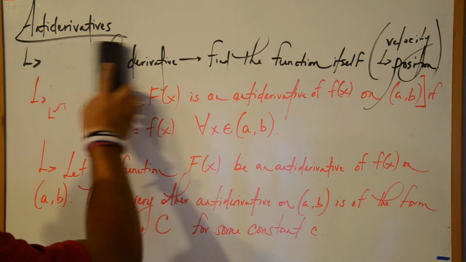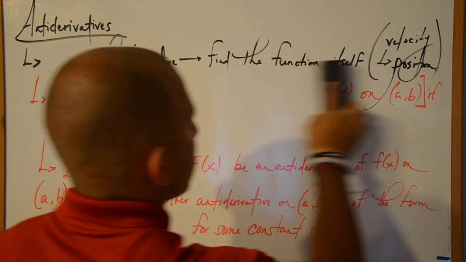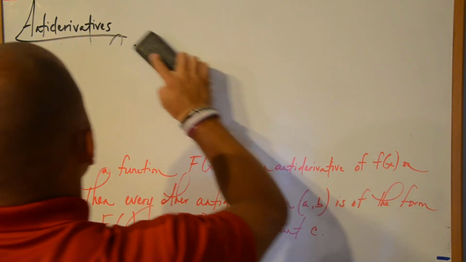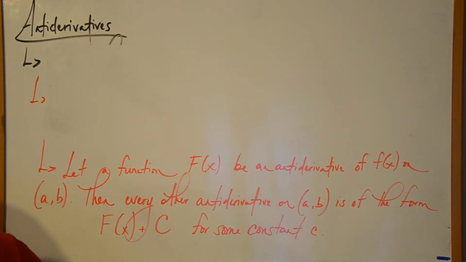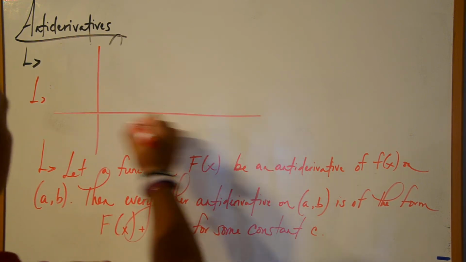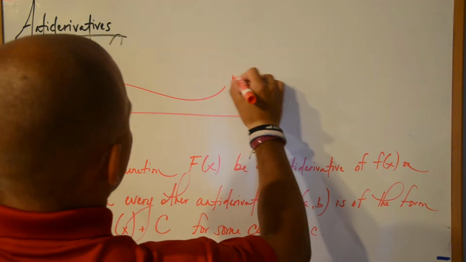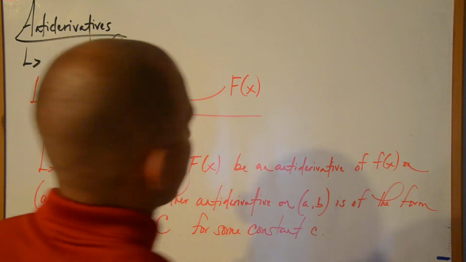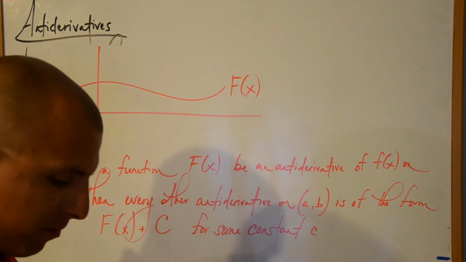Well, a quick sketch shall reveal the significance of that. So let's say we have some generic curve that represents the antiderivative.